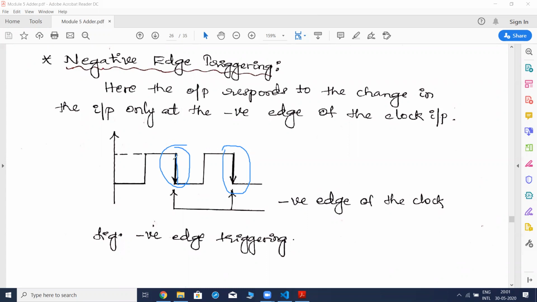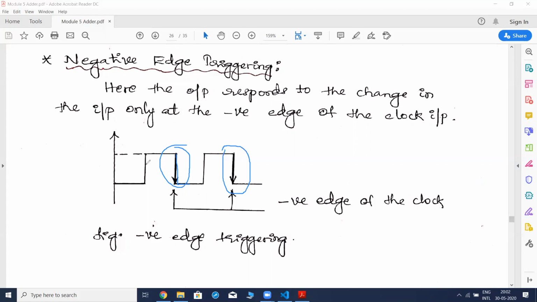So actually this kind of triggering is given to the flip-flops, and level triggering is given to the latches. They both are storage devices only, but there is a slight difference between latch and flip-flop. Latches work with the enable signal, and they sometimes have asynchronous inputs, but flip-flops are synchronous with the clock.